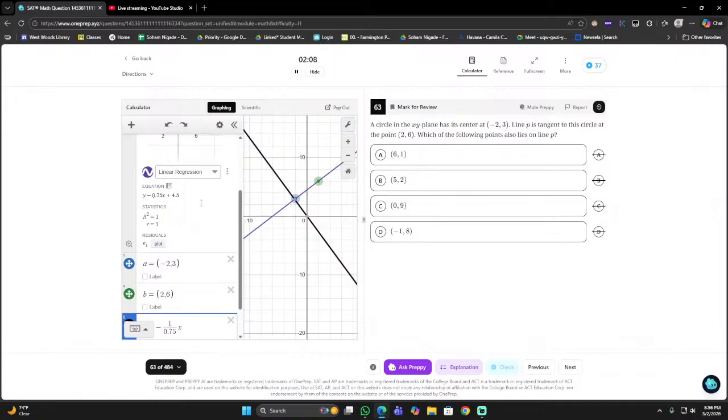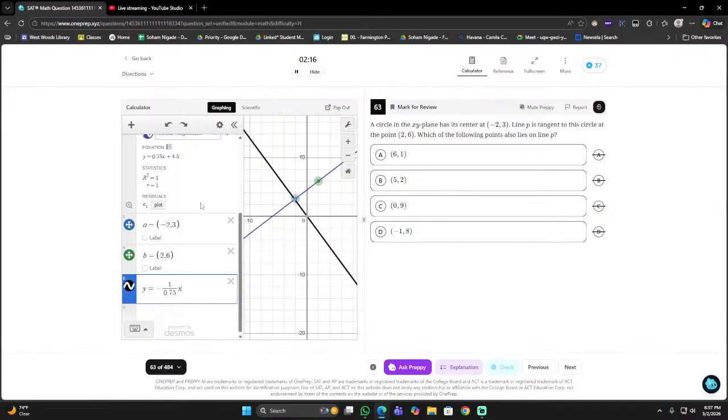So we have y equals negative 1 over 0.75 x plus b, and it goes through the point, so 6 equals negative 1 over 0.75 times 2, negative 8 over 3 plus b. 6 plus 3, b equals 26 over 3 is the answer.